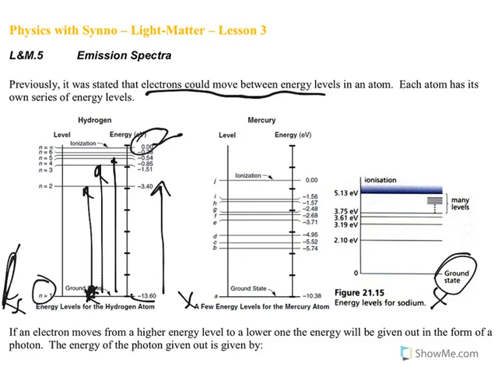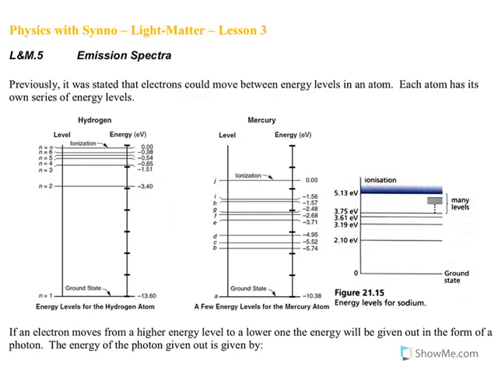What this means is that the bottom, at negative 13.6, means you need to put in 13.6 electron volts of energy to rip that electron out.